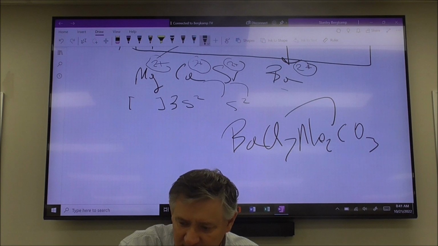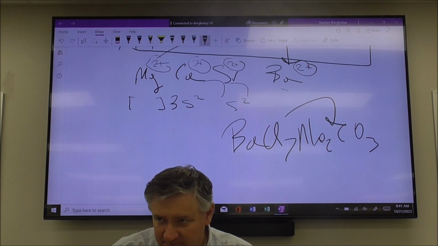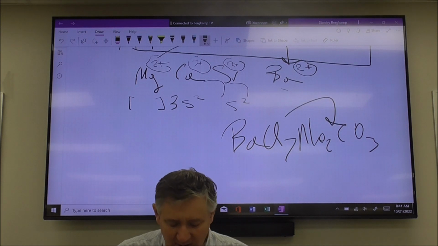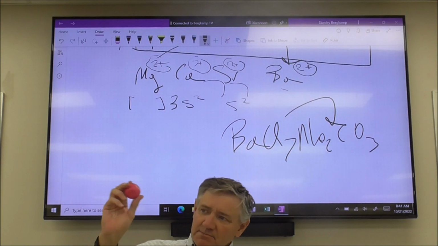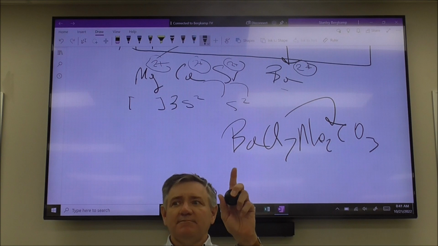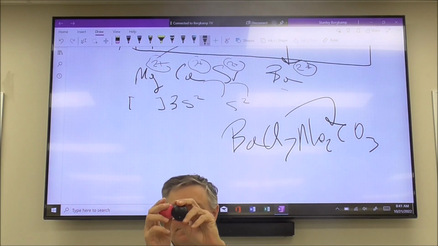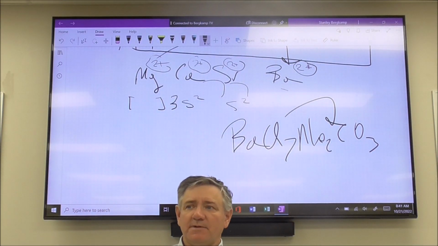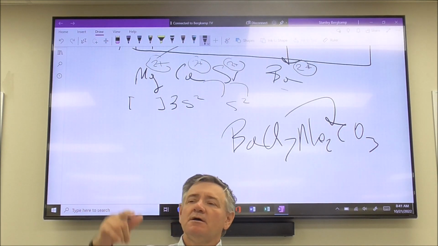When you mix those two together, did you form a precipitate? Yes. So what happened is that the barium is floating over here. It sees the carbonate, and they go, boink, fall out, make a precipitate.